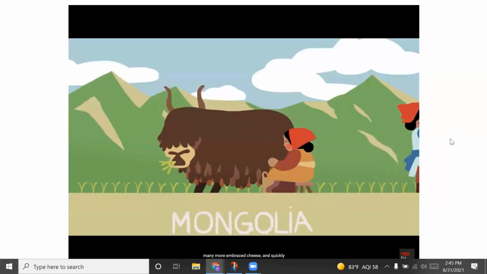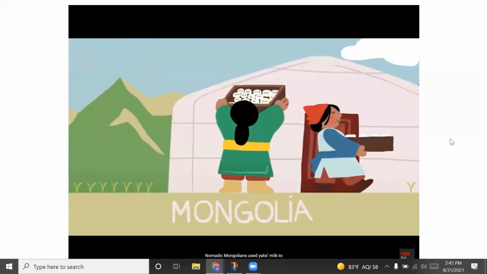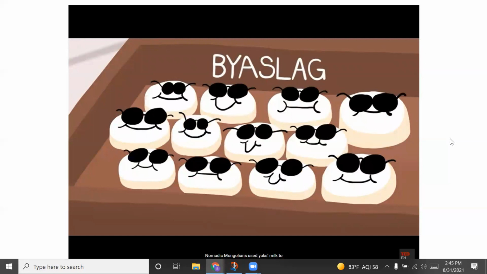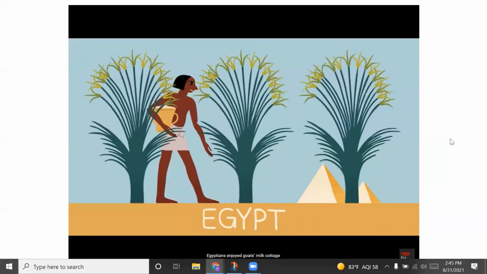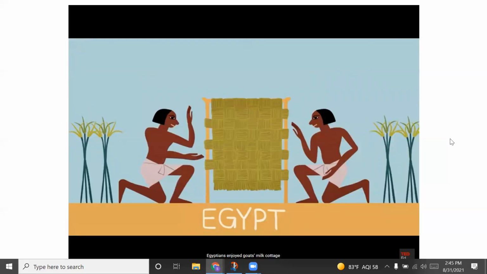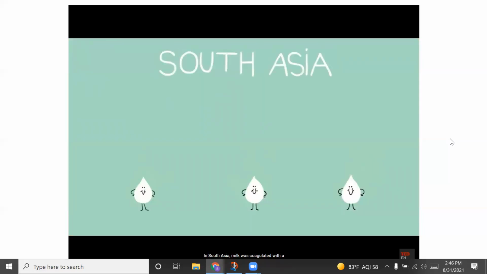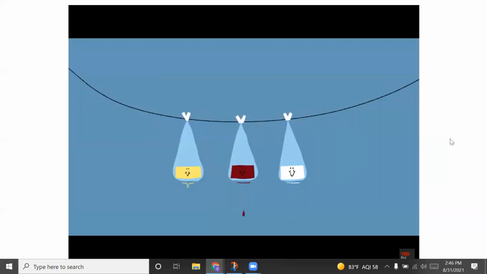Nomadic Mongolians used yak's milk to create hard, sun-dried wedges of byaslag. Egyptians enjoyed goat's milk cottage cheese, strained away with fats. In South Asia, milk was coagulated with a variety of food acids, such as lemon juice, vinegar, or yogurt, and then hung to dry into loaves of paneer.